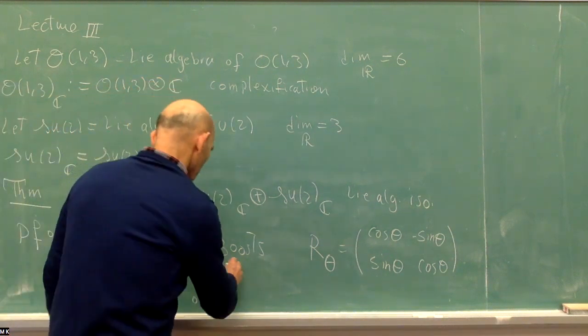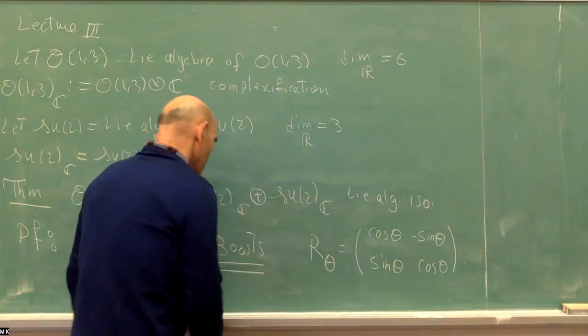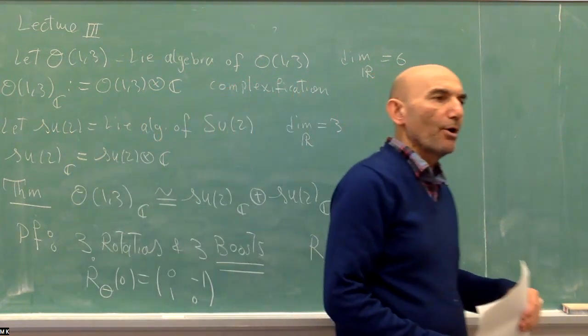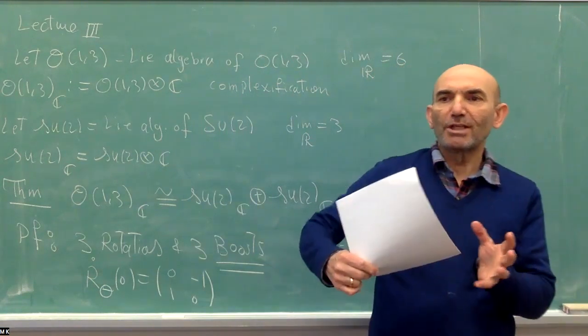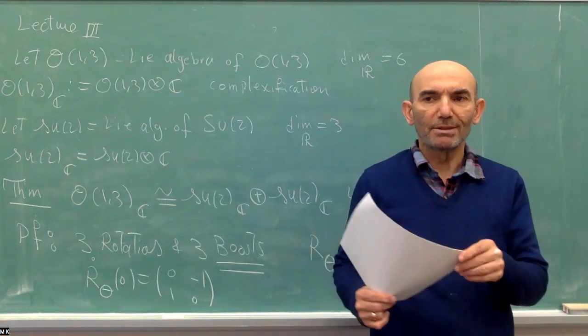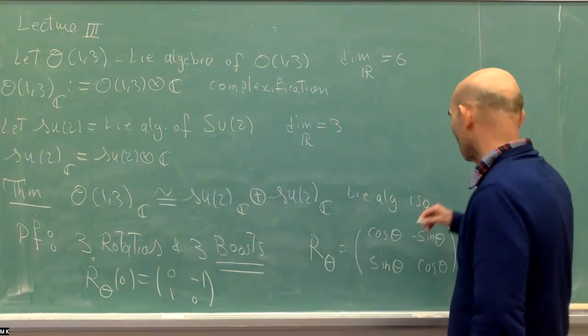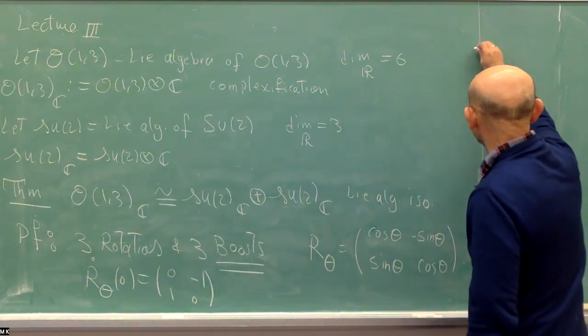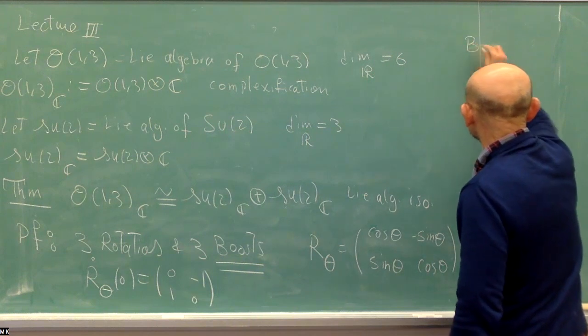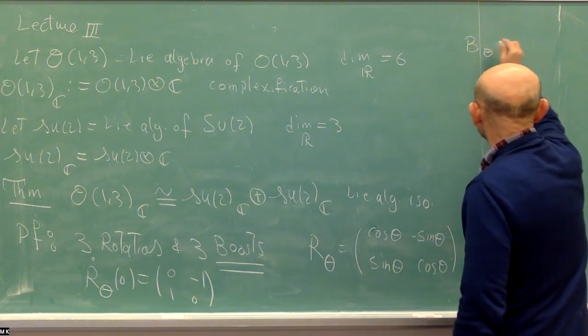Now, what are the boosts? Maybe this is new. Boosts are analogs of orthogonal rotations, but in relativity theory. These are in a space of t and x. Let's call it B_theta.